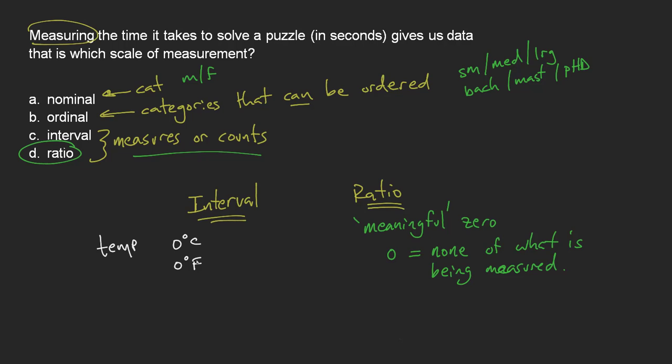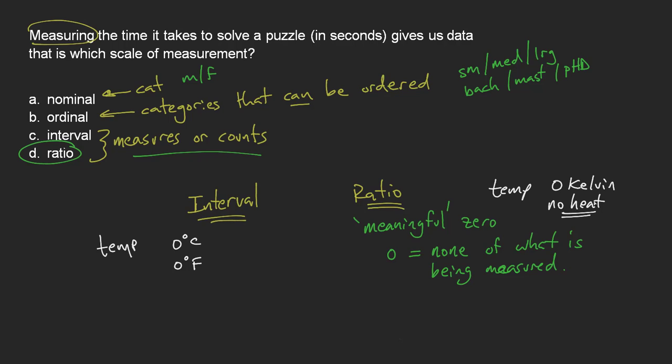You can't go colder forever. There is a real absolute 0 for temperature. It's called Kelvin. There's another temperature scale, and it's 0 degrees Kelvin. 0 degrees Kelvin is truly the lowest possible temperature. It means that there is no heat whatsoever in whatever it is that you're measuring.